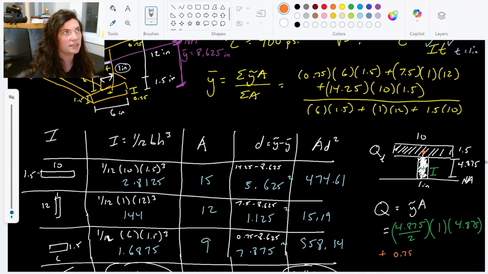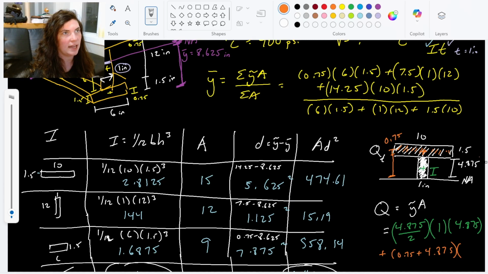Oh, I forgot to add. See, it's easy to make these little mistakes. It's not just this 0.75 value. You have to add this area below it too. So it's actually 0.75 plus everything beneath it, 4.875, times the area for our top shape.